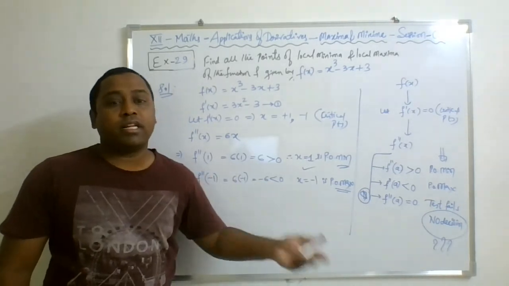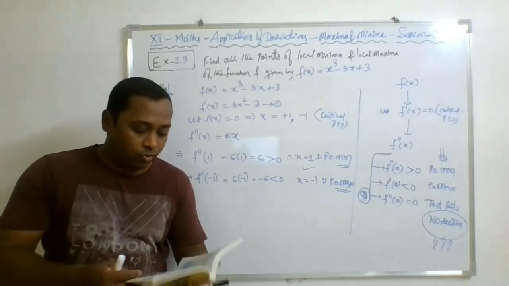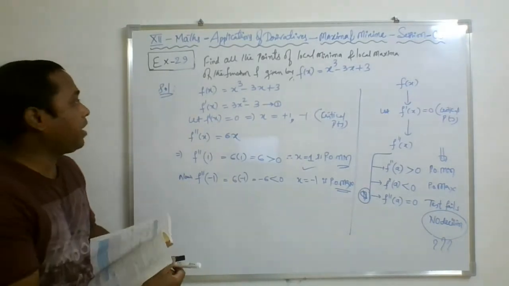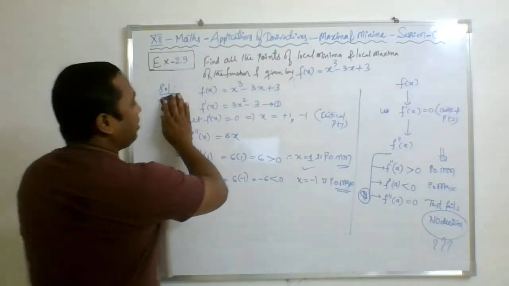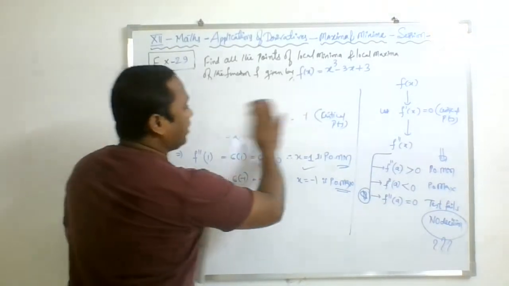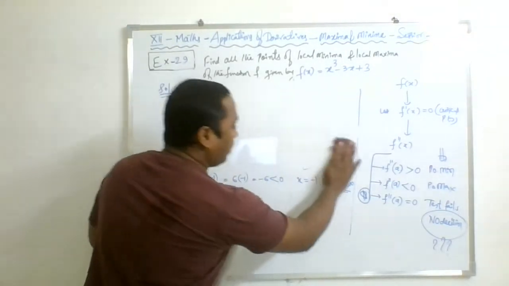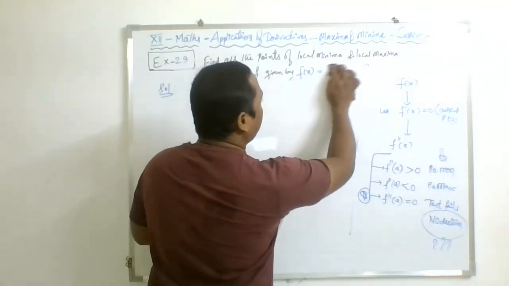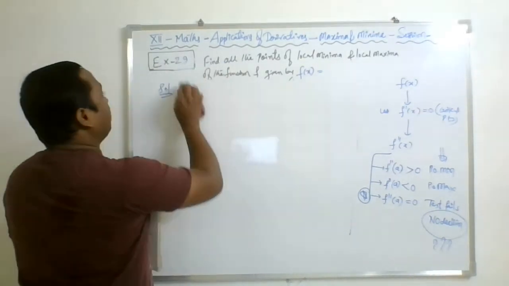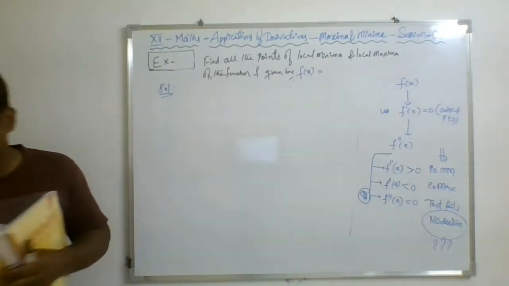You can see that in example 30. Again I am taking, repeat, example 30. You will see the double derivative test will fail. Then we'll go for the first order test. Let me show you. Example 30 again.